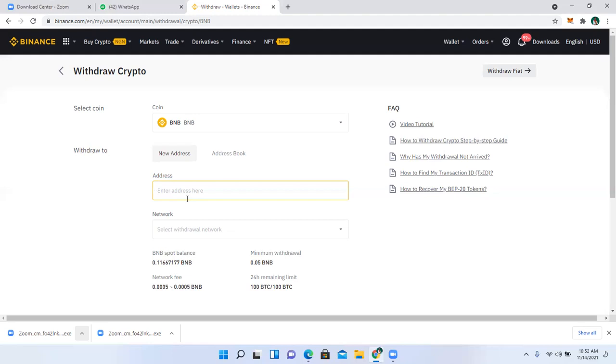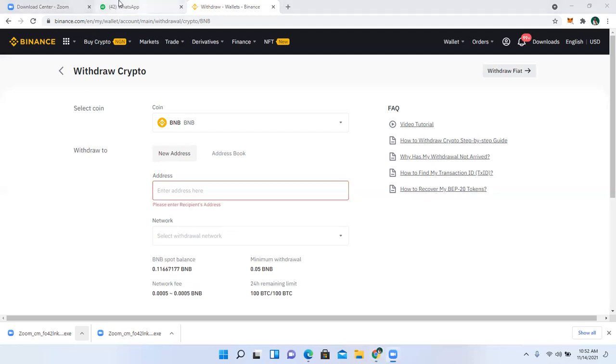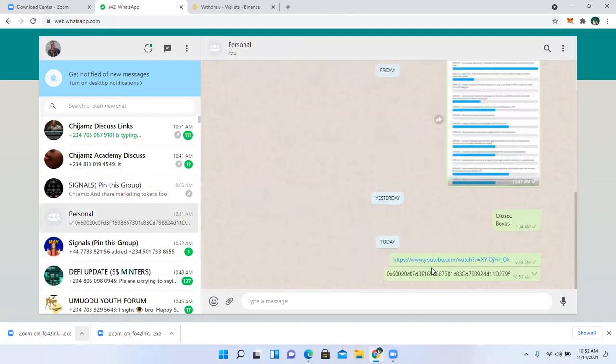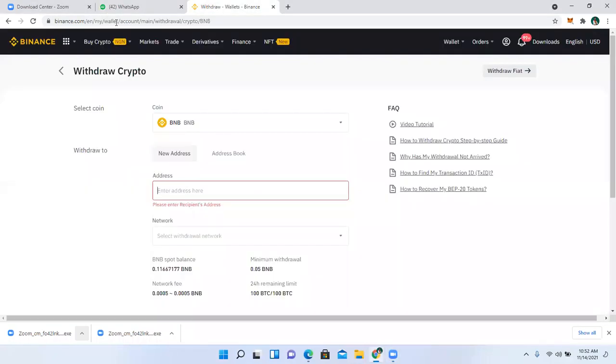So I send it to my WhatsApp. Sorry. So I can just come here and copy this, right? This is my address. Copy this, come back here and paste the address here.